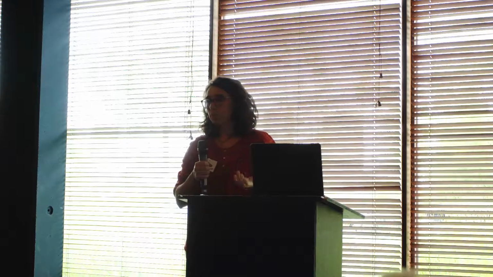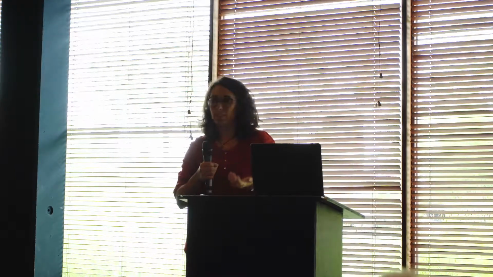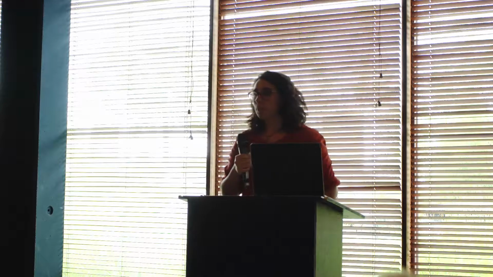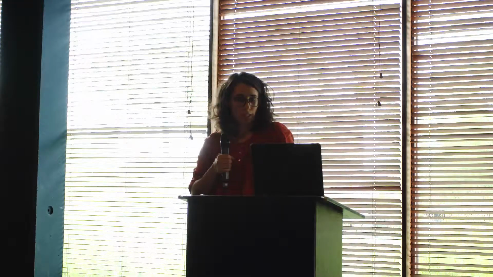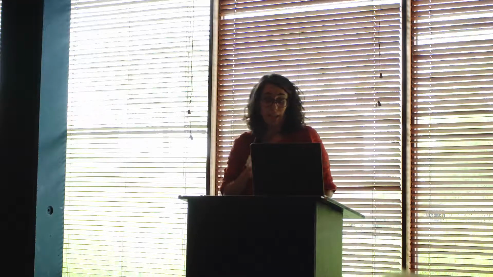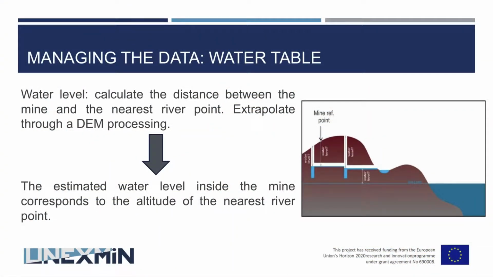As UNEXMIN was developed for flooded mines, we need to know the level of the water inside the mines. In some cases, this number was already given when the associations provided the data, but most of the time we had no information. So we developed this approach. It's an estimation, so be kind on this data.